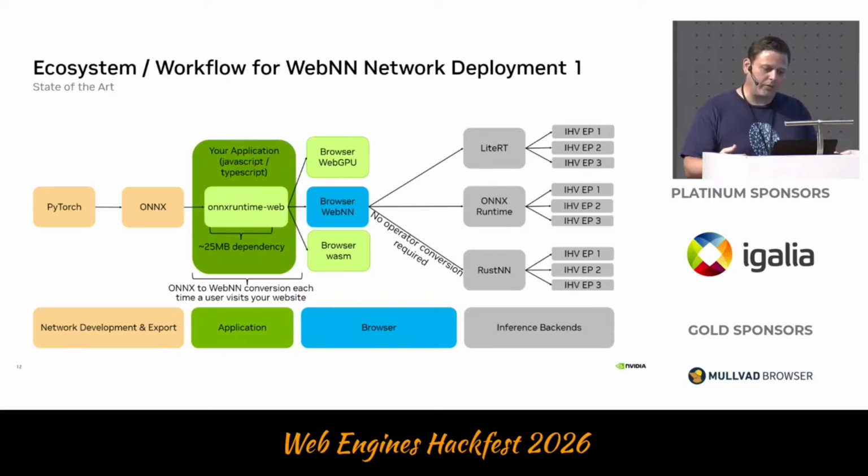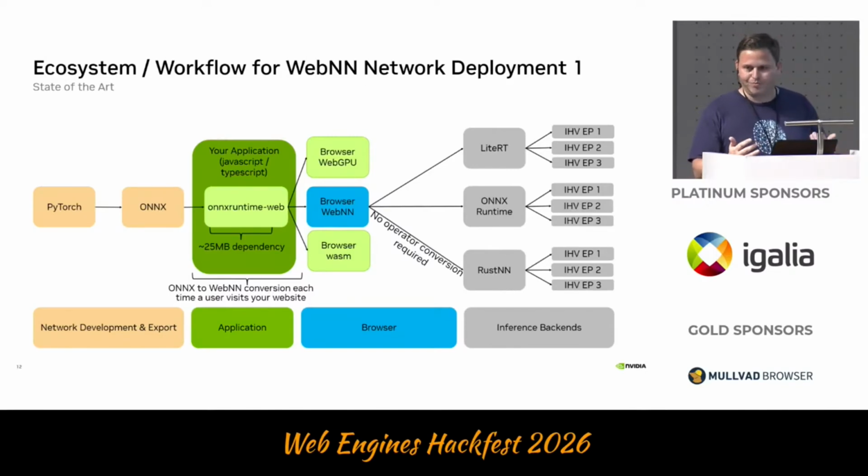But it's still a 25 megabyte dependency you are introducing to your website, which is shipped to every user, hopefully cached. But for every different website, because now we have this cache partitioning, you are shipping it quite often potentially, which is not great. And then the other problem is each time the user is going to visit the website, it will load the ONNX, convert it to WebNN, meaning it's wasting power and it's wasting memory for the conversion.